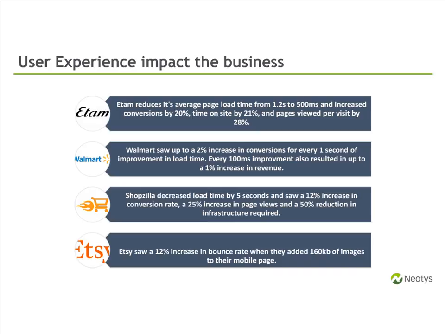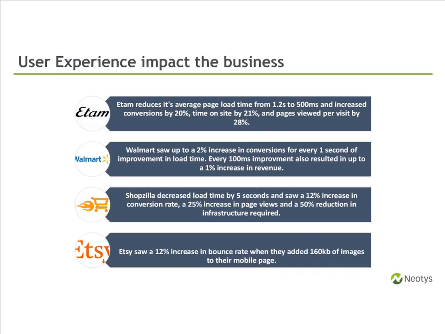I could talk about Amazon, which is not listed in this slide, but I'm pretty sure that everyone is aware of that study, which is quite old, in fact, I think it was less than 10 years ago.